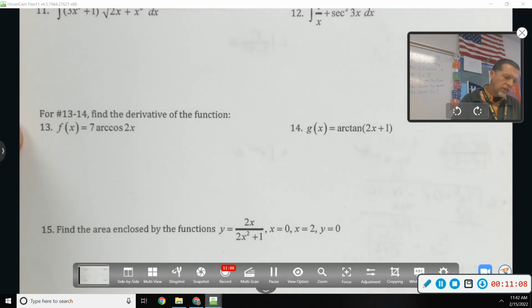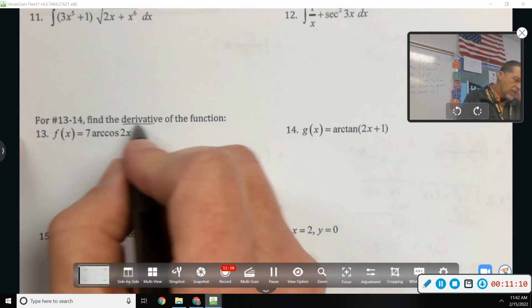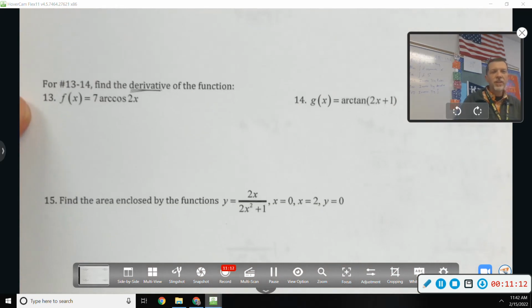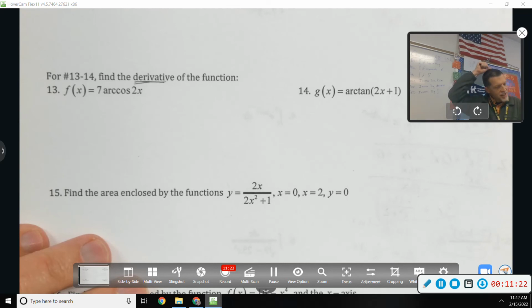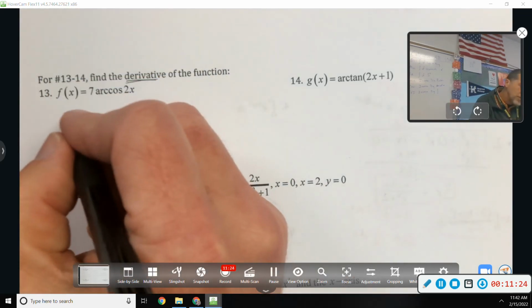Okay with 13 and 14? We've been doing antiderivatives all day. Can you shift gear and go to derivatives? Do we need to do one of those? Let's see, or both of them?